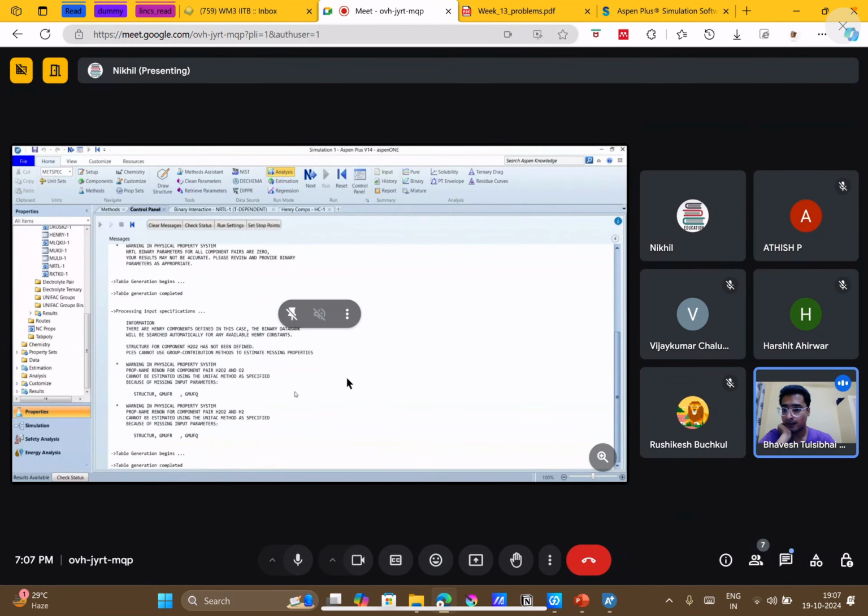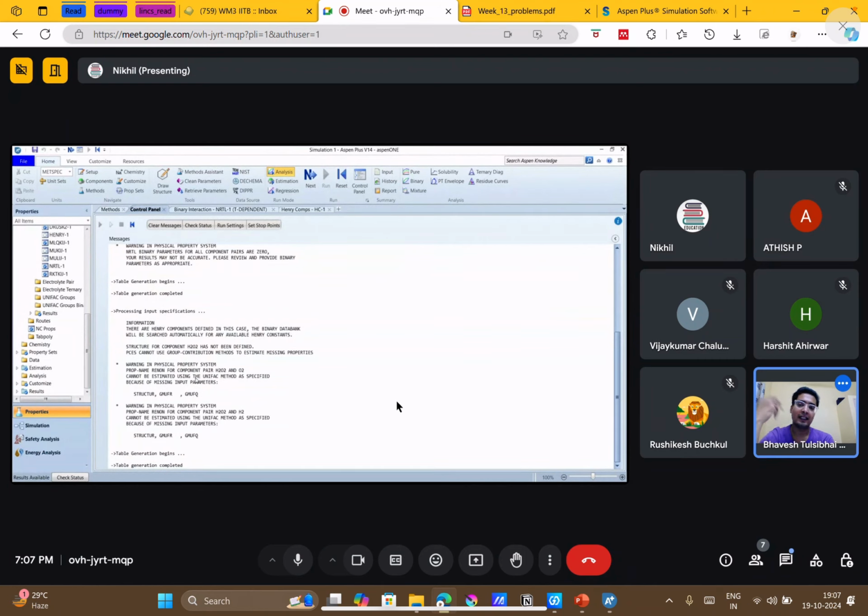Yeah, what's the information? No, see, these are not errors. These are kind of notes. You have to worry about an error when you get the yellow marking, result available with warning, or result available with the red marking.